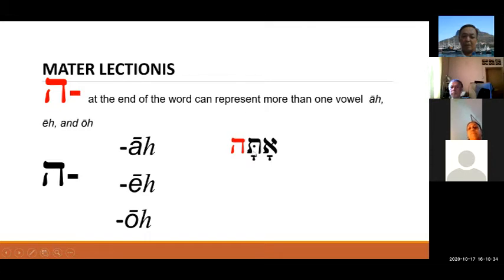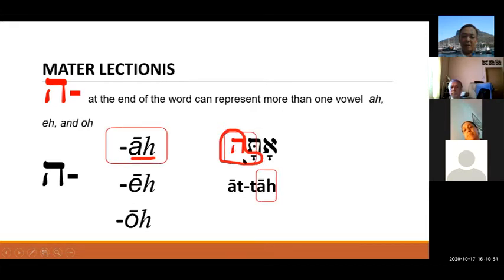Here you have kamats and a hey. Let me write it down here. Kamats hey. All right, so it's ah. Next we have this word, ata. Ata means you.